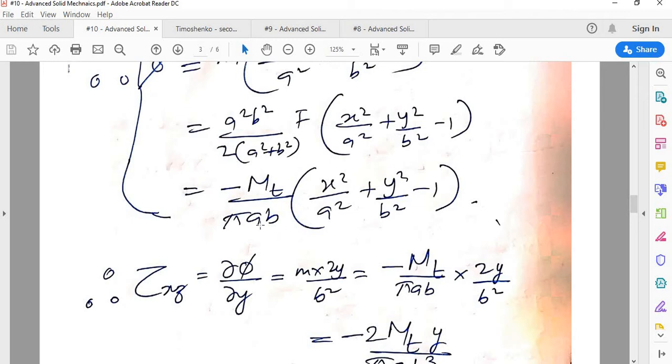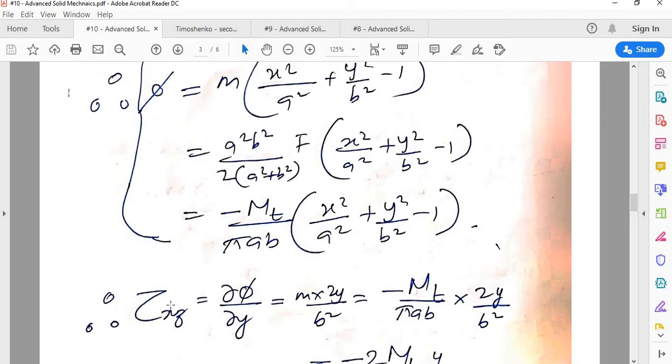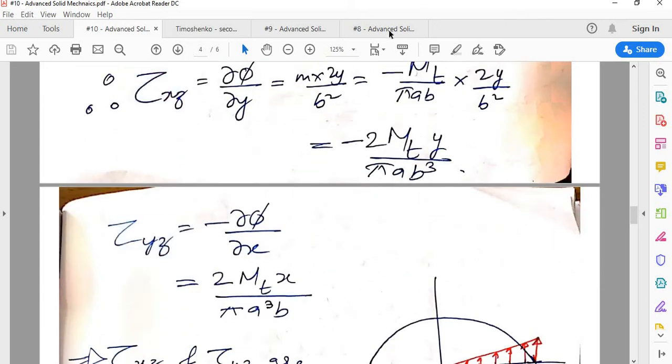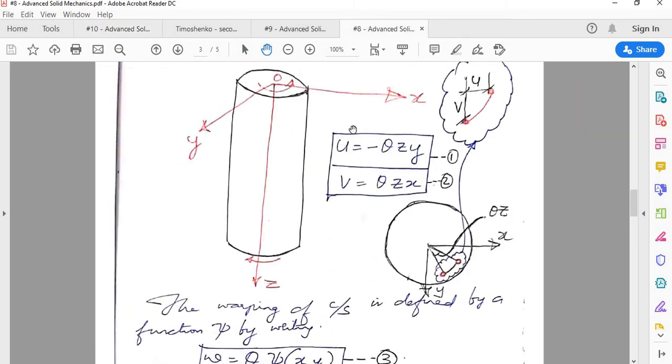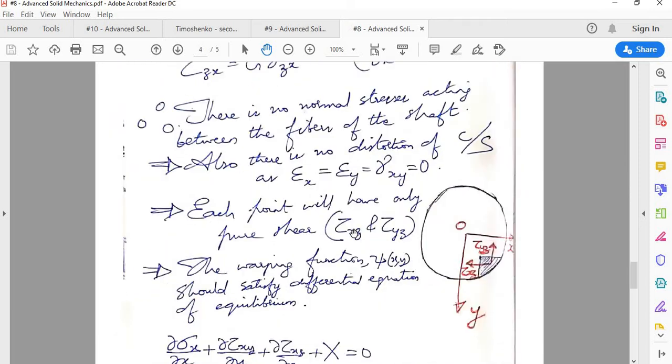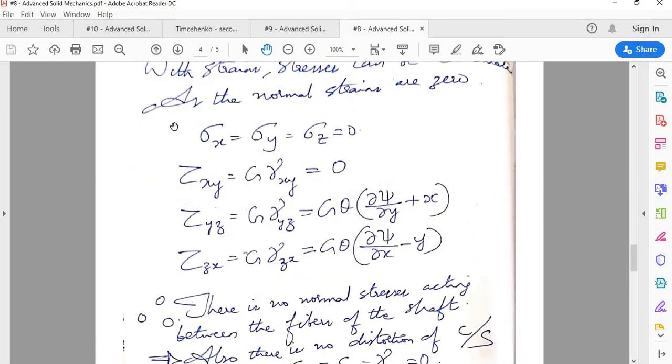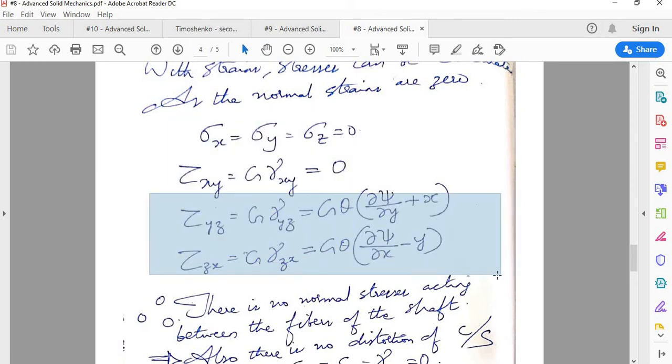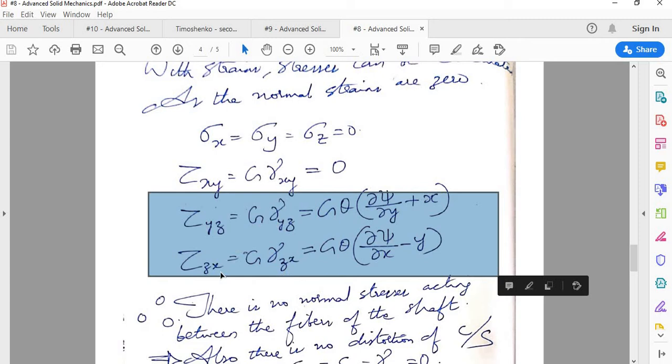With the expression for phi ready, we can calculate the stresses tau xz and tau yz. So remember, I am recapping. I will open the old lecture. For the torsion problem, we had already seen that these terms are zero. The only non-zero stresses are tau yz and tau zx.